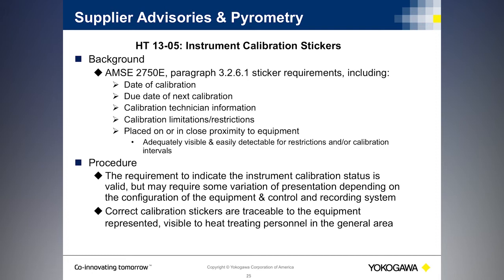They're allowing some latitude with the stickers on the panel, not necessarily requiring an individual calibration sticker for each furnace that PLC may be controlling, but one that identifies that the PLC has been calibrated, with some kind of reference to the certification that shows the instrument meets tolerances, and any limitations or restrictions. The stickers must be visible to the heat treat personnel to validate the status of the equipment.